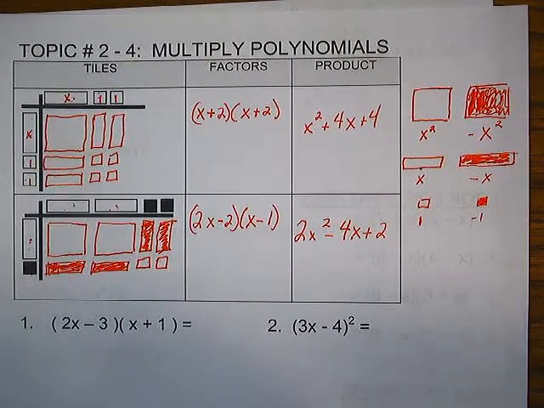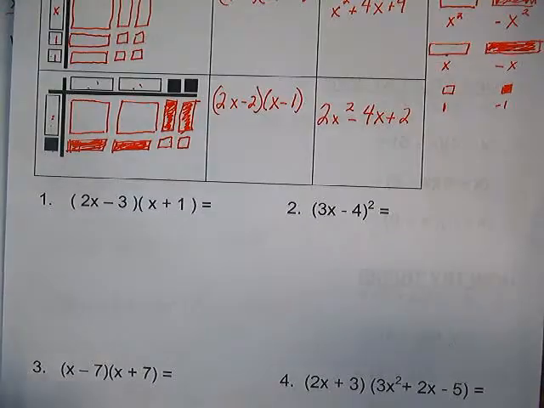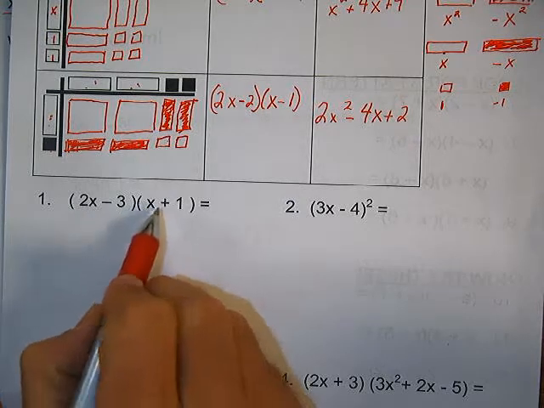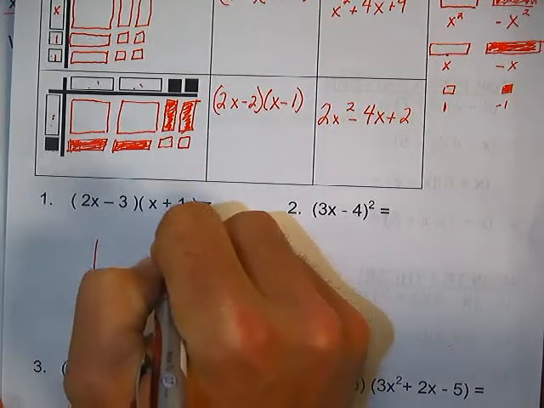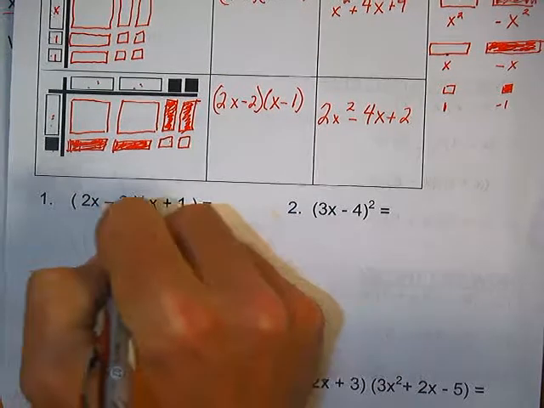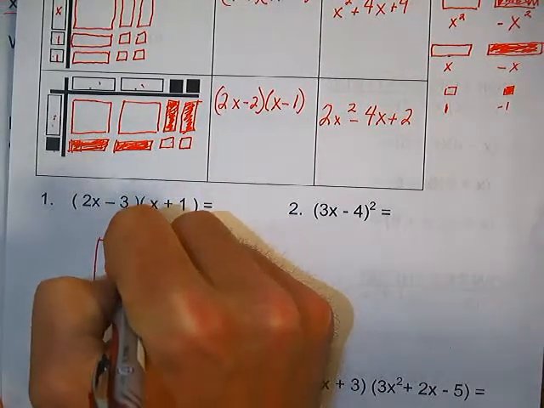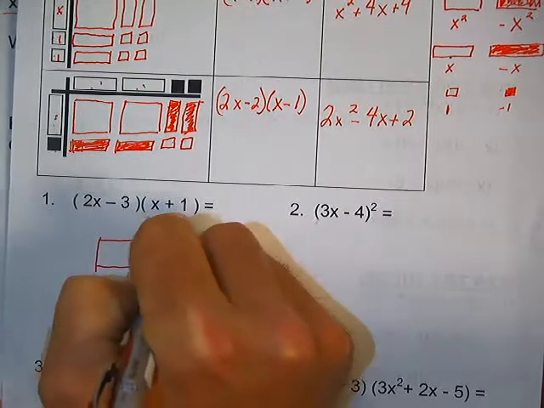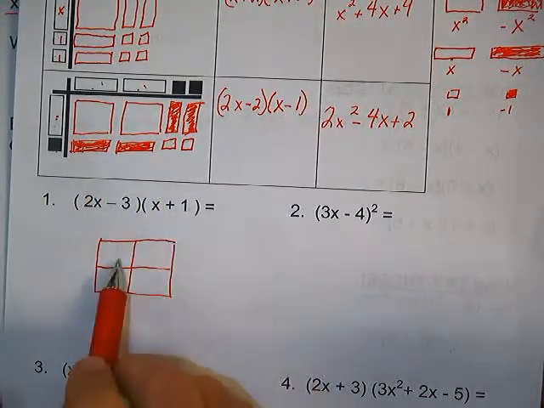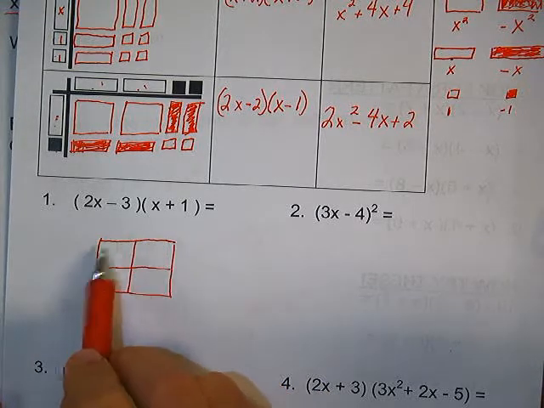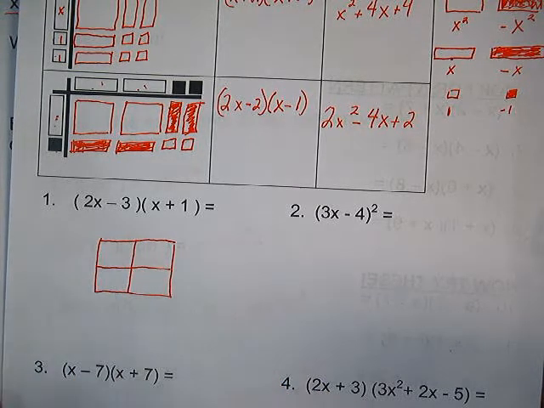Now we're going to do the box method without algebra tiles. So number 1, we're going to multiply 2x minus 3 times x plus 1. First thing, let's draw a box. Now, we have a binomial times a binomial, so I need a 2 by 2 box.